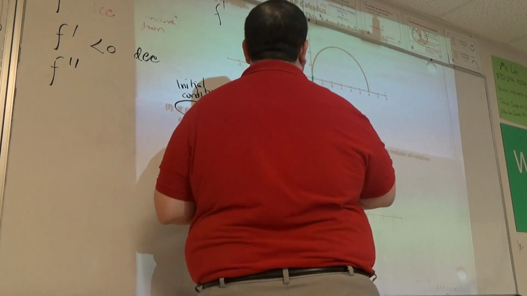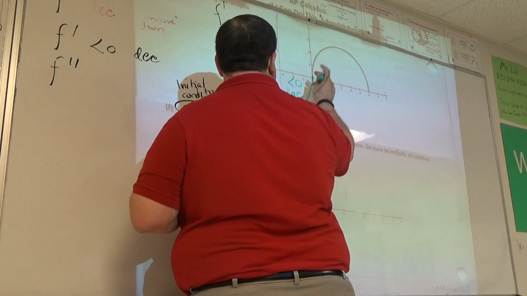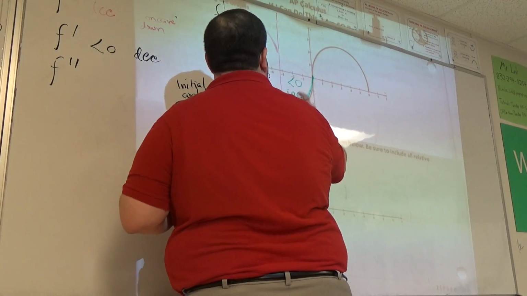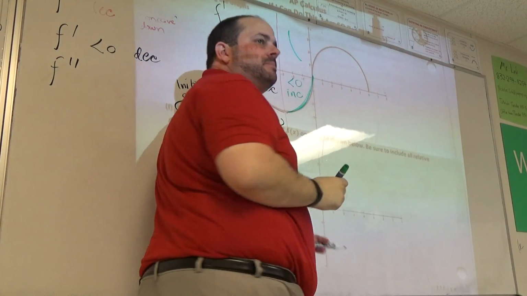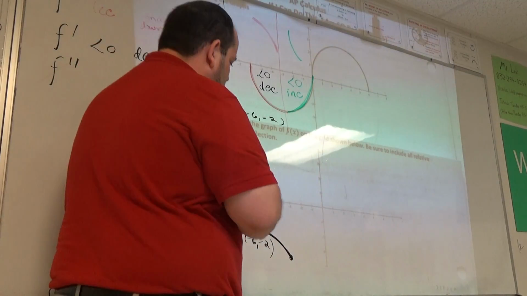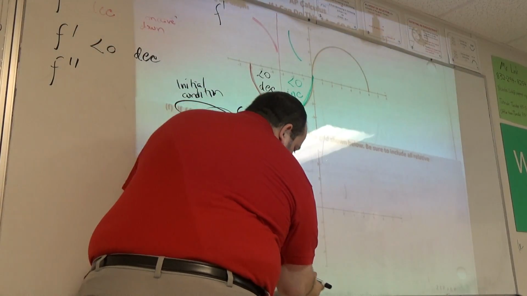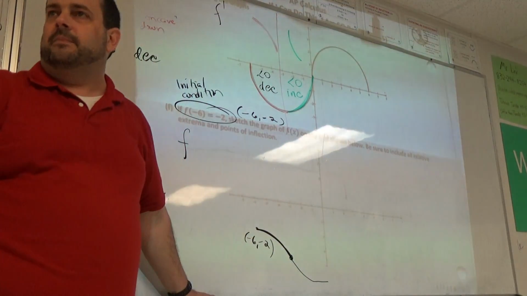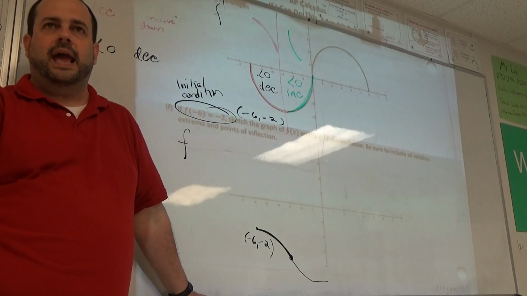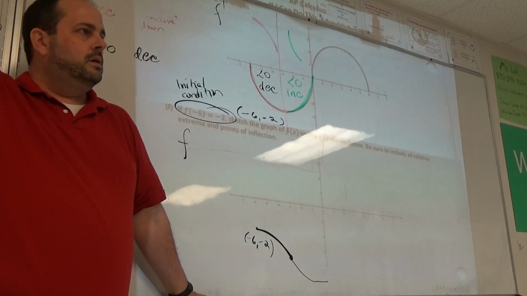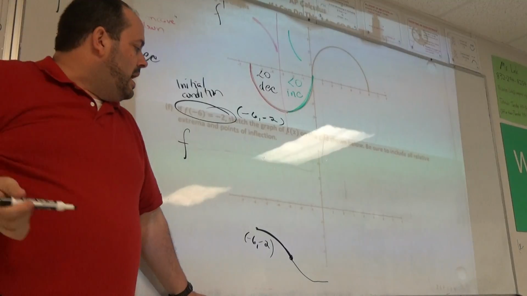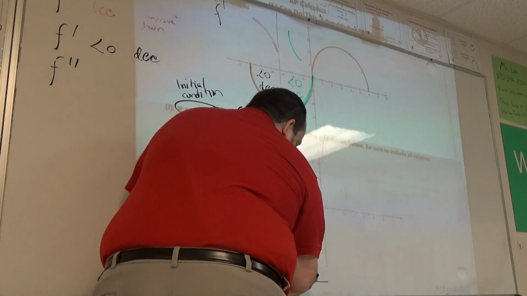So draw decreasing, concave up. Decreasing, concave up has to look something like that. And I'm just going to say, from -3 to 0, decreasing, concave up. I'm just curious, how many guys honestly had decreasing concave up? We're in a good place. All right, Jonathan, next interval. What's the next interval that you're interested in?